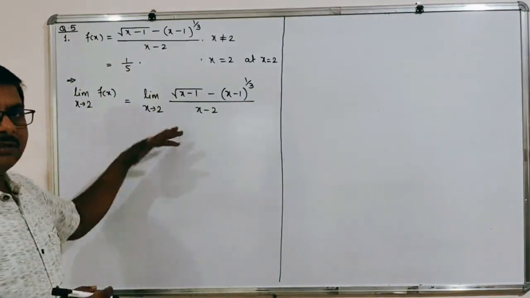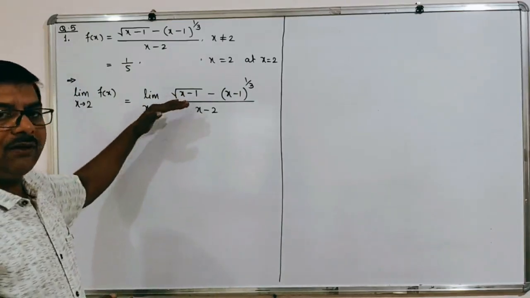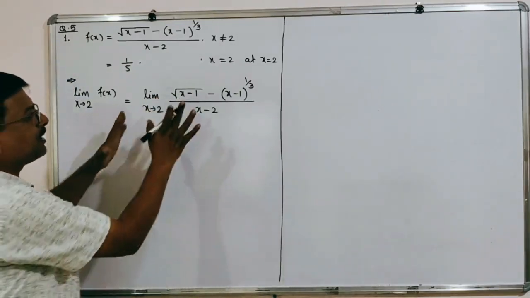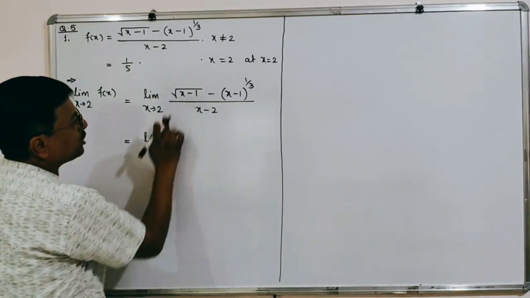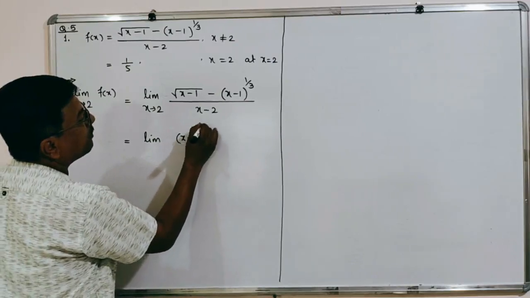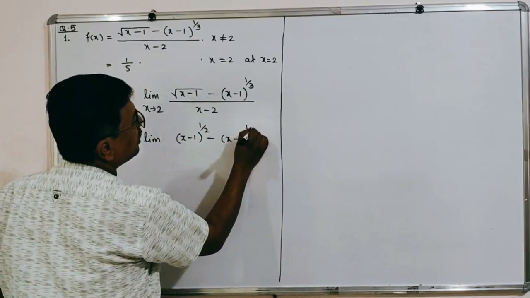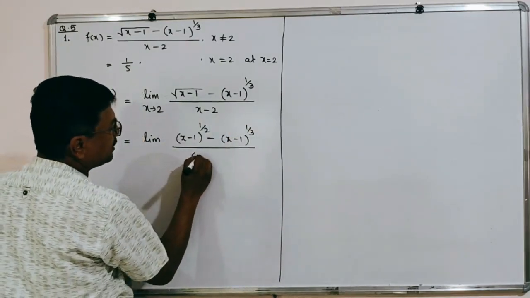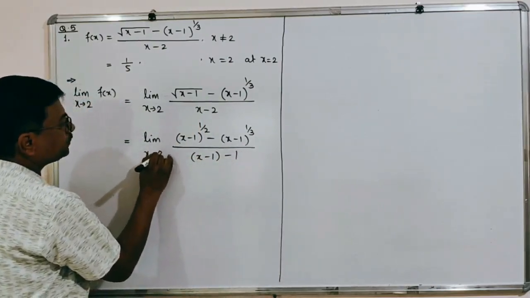Now, in such cases, the limit can exist, and if the limit exists, we can find it. Now, observe the function carefully. I will rewrite this function: the limit of square root of x minus 1 can be written as x minus 1 raised to 1 by 2 minus x minus 1 raised to 1 by 3, divided by, I can write this x minus 2 as x minus 1 minus 1, as x tends to 2.